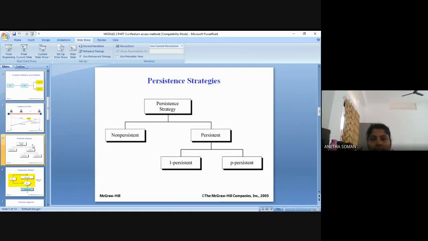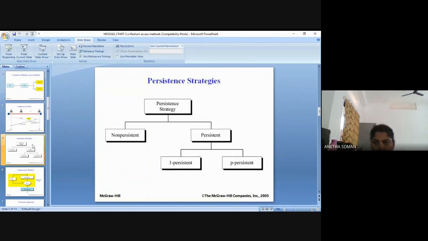Now the next thing you are going to see is the persistence strategies. You have to understand what persistence is. Persistence means prolonged existence of something. In Malayalam, you can call it tirada. A station has to follow some procedure when it senses a busy medium.